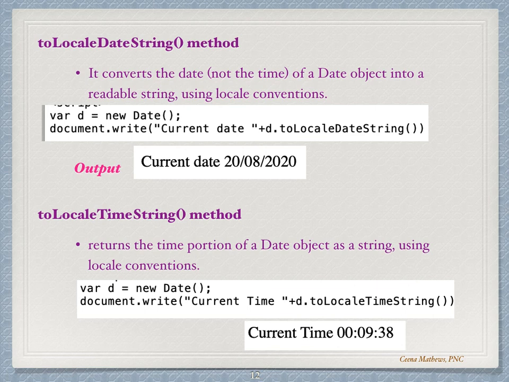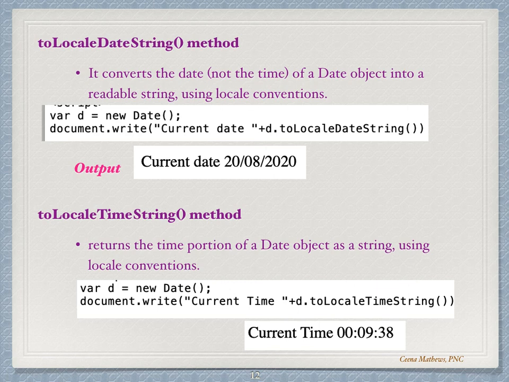This works based on the local conventions, that is, according to which our computer's date format has been set. In Indian computers, it will be en-IN, that is Indian English date format. If we use en-US, it will display the date in month, day, year format.